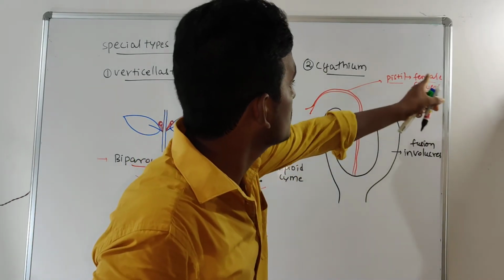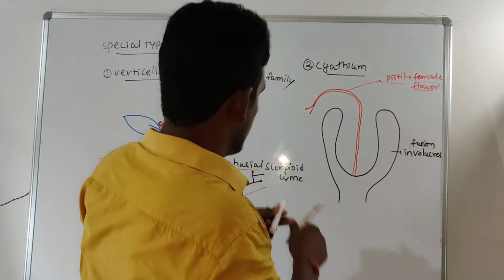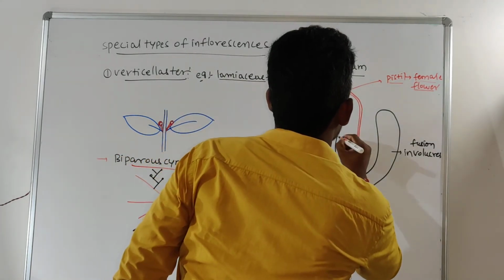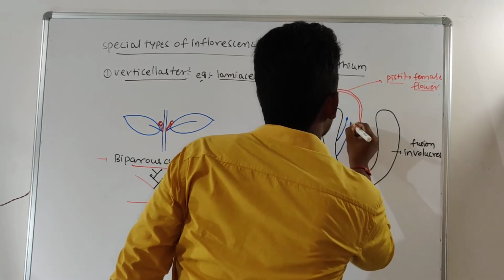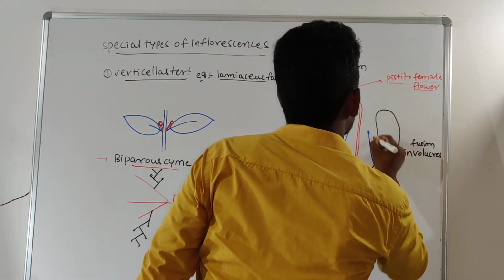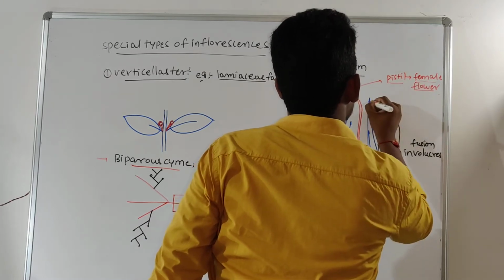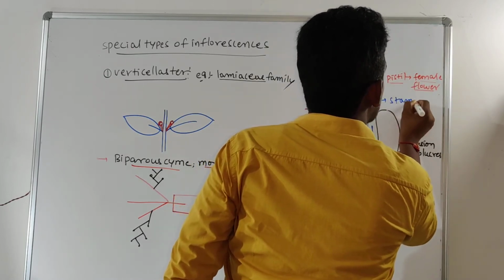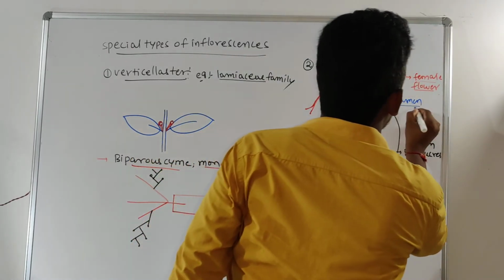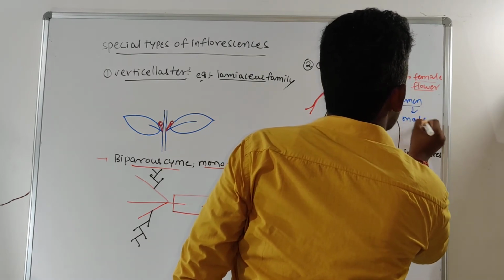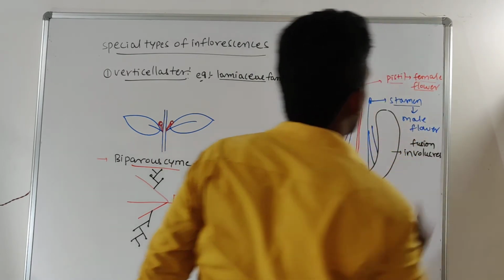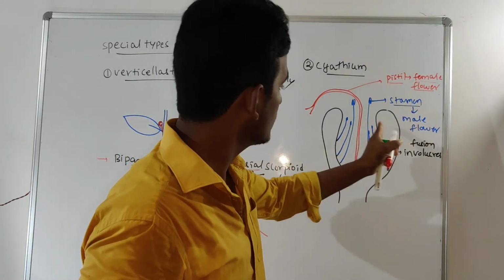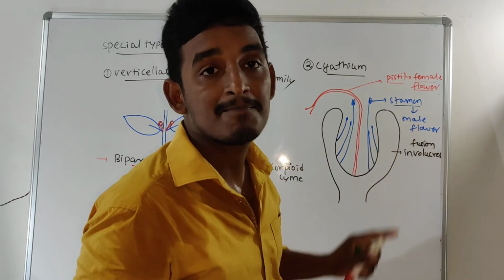Here the achlamydeous female flower is surrounded by a large number of stamens. Each stamen represents a male flower. These are also achlamydeous male flowers, as sepals and petals are absent.